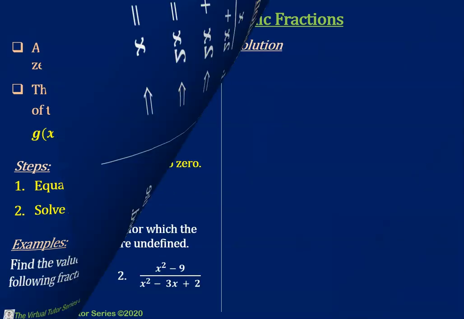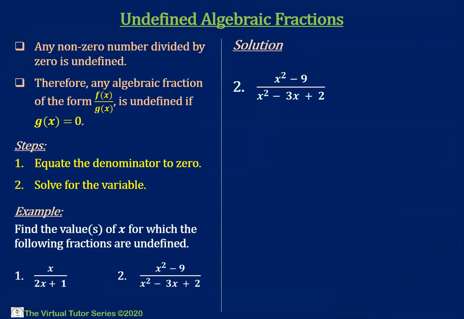Example 2. x squared minus 9 all over x squared minus 3x plus 2. Again, let's equate the denominator to 0. So we have x squared minus 3x plus 2 is equal to 0.